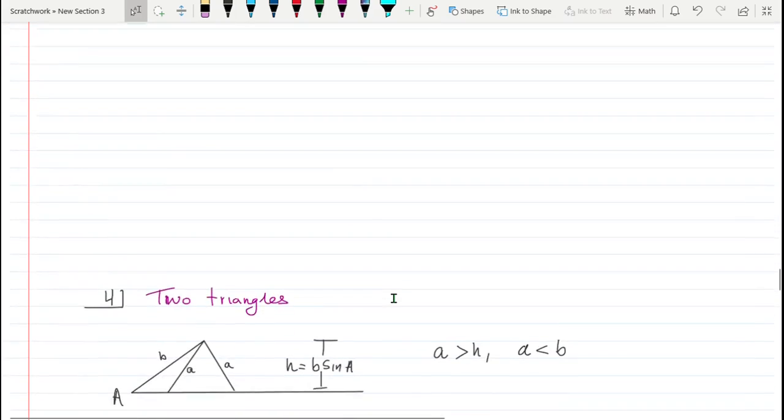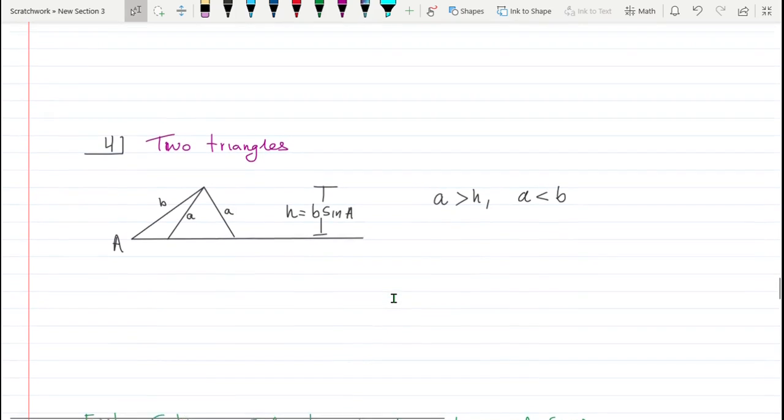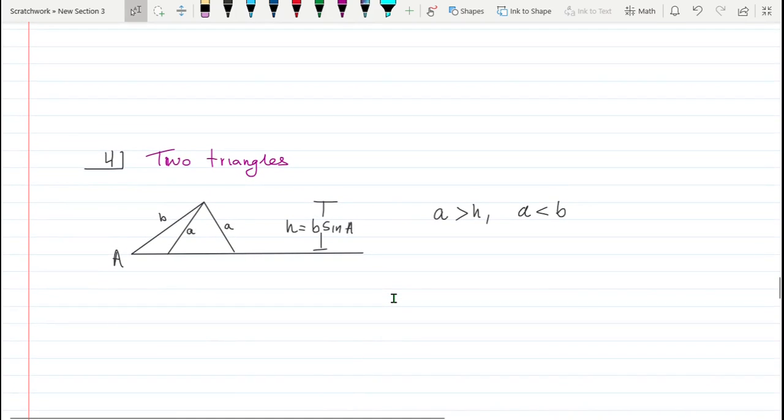And then there's the case where two triangles happen, okay? So this case is when A is greater than h, right, is longer than the height, but it is not longer than B, right? So you could end up with two triangles. One triangle is going to be the shorter looking triangle that looks like this, okay?